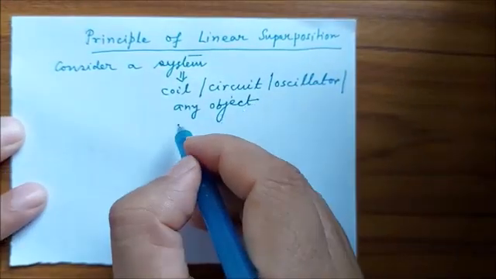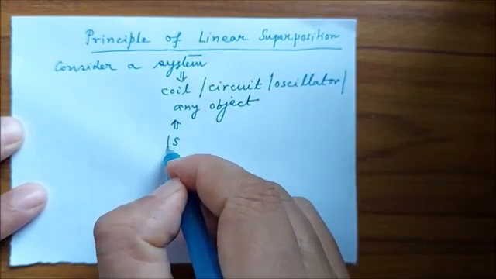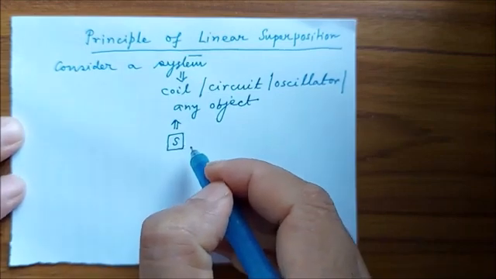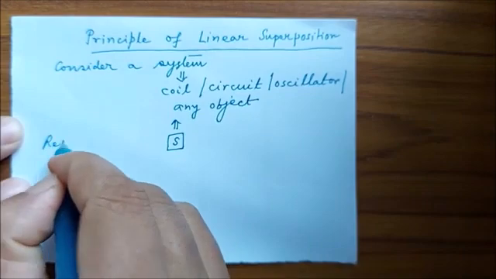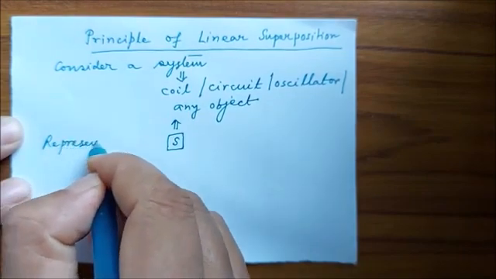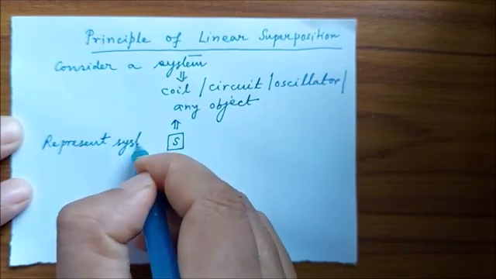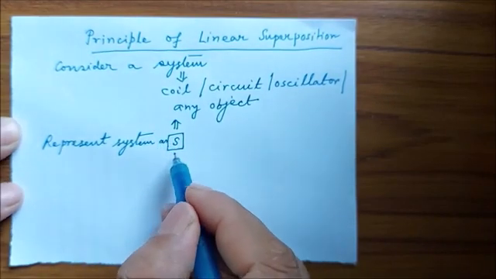And we represent this system by the symbol a boxed S in this way. So represent system as boxed S.